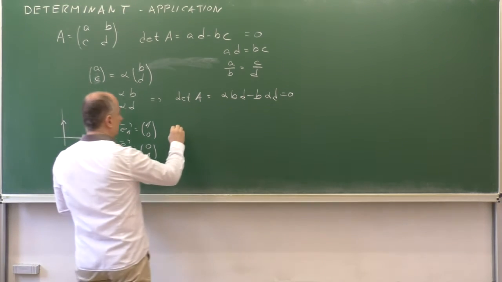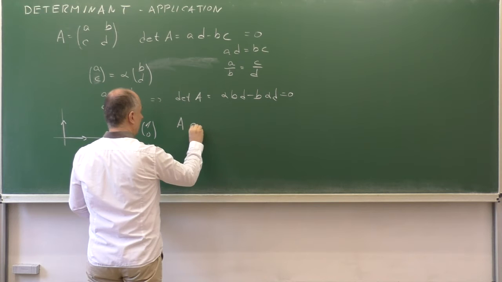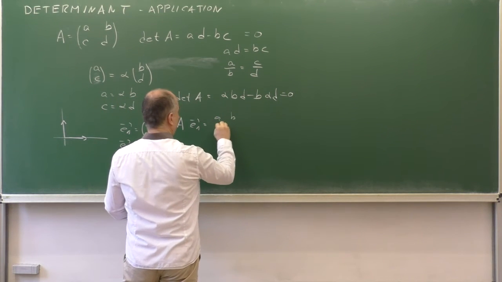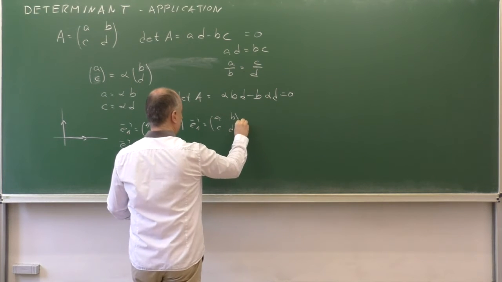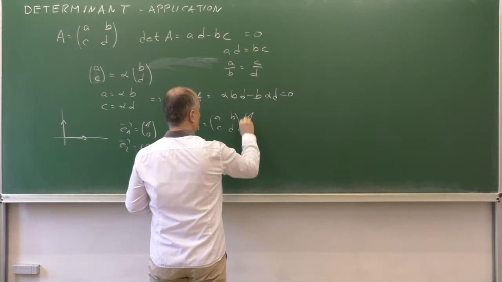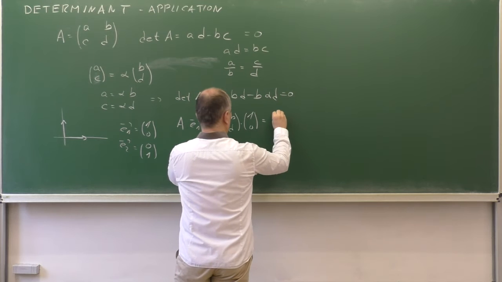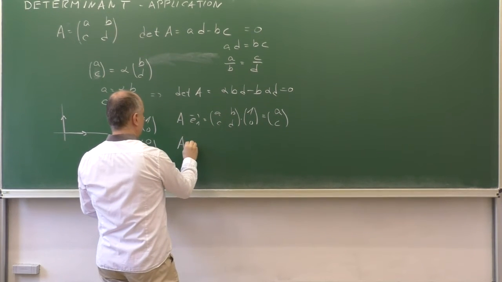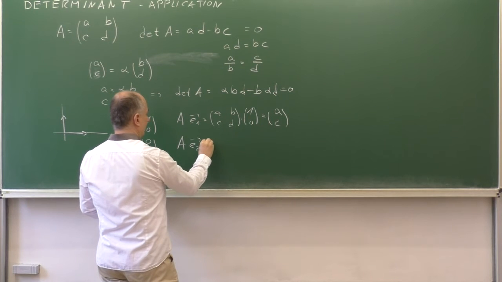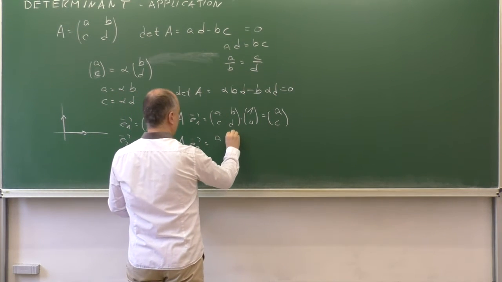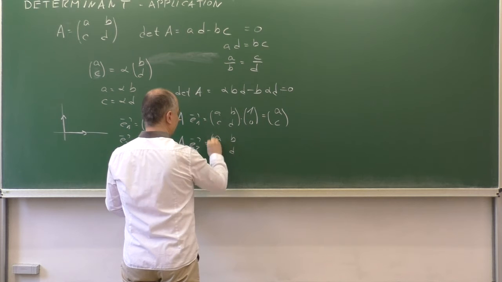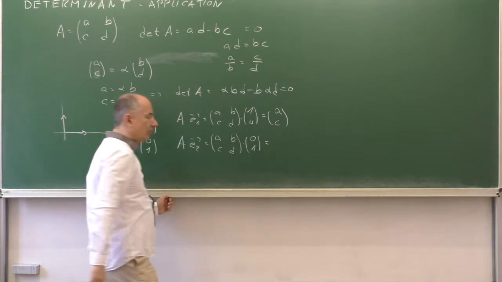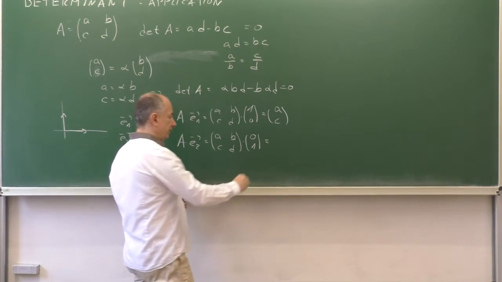Now, the matrix A, B, C, D times the first vector 1, 0 is the first column, A, C. And the image of the second vector under this map is the second column of the matrix.